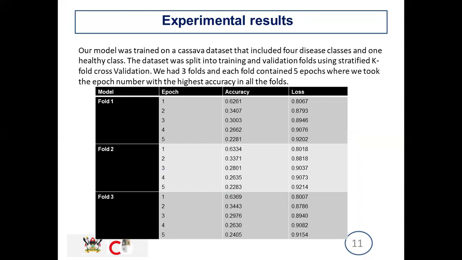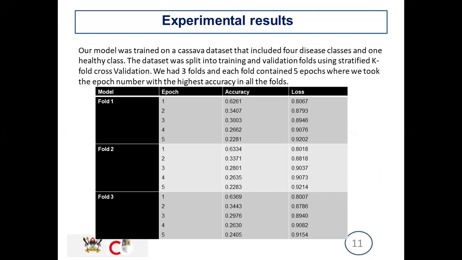The table below shows our experimental results, the results we got from training. We used stratified K-folds to do cross-validation. So we trained using the ResNet50 model architecture, and we had 3 folds, each having 5 epochs.